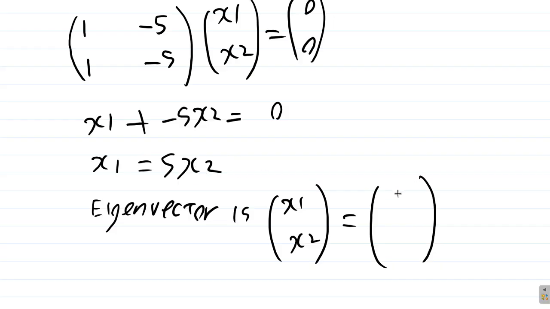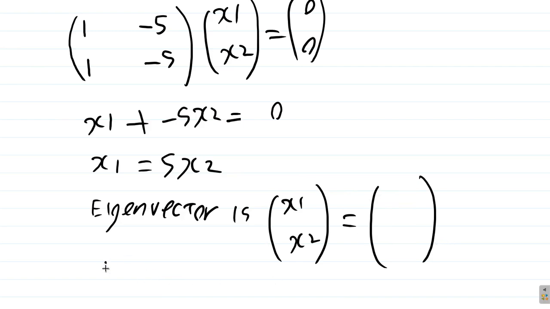Now don't make the mistake of writing x1, for example, as a 1 and x2 as a 5, because x1 is 5 times x2. If you have x2, you have to multiply it by 5 to get x1. And if you multiply 5 by 5, you won't get 1. So what you do is say x2 is 1.